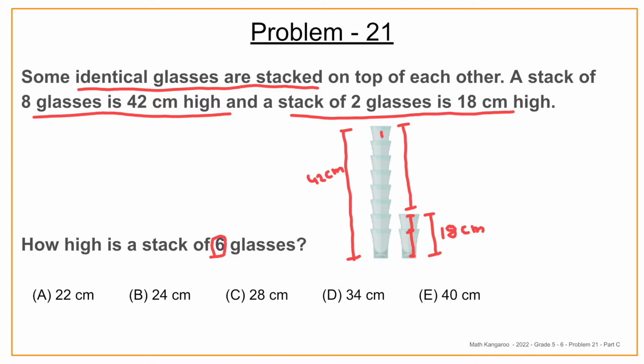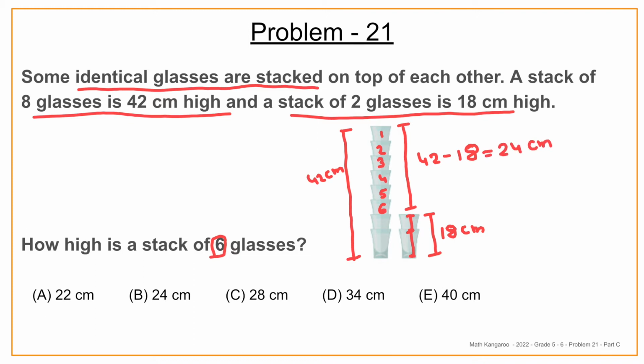So there are 1, 2, 3, 4, 5, 6 glasses of same size. So the height of 6 glasses is 42 minus 18, which gives us 24 centimeter.